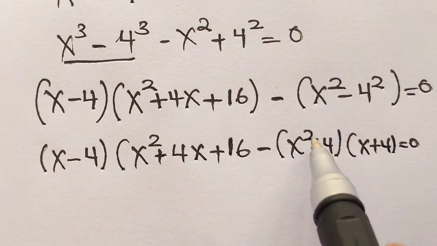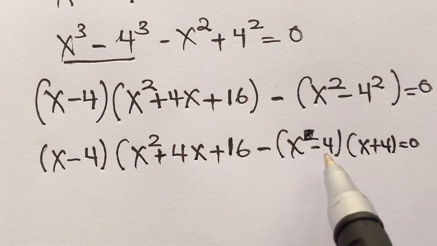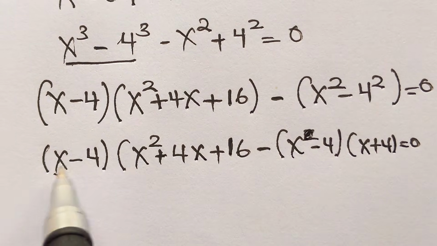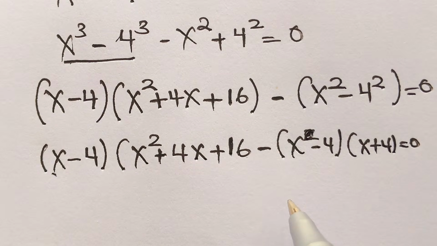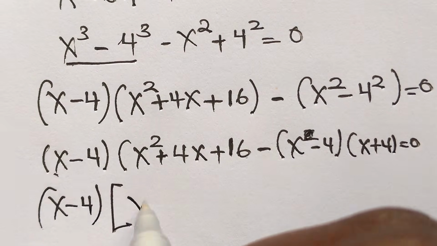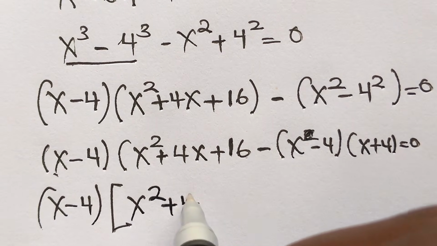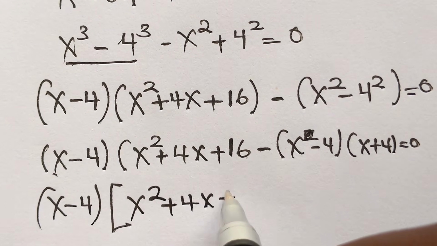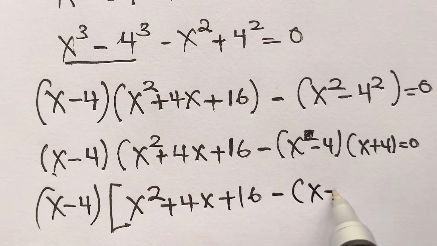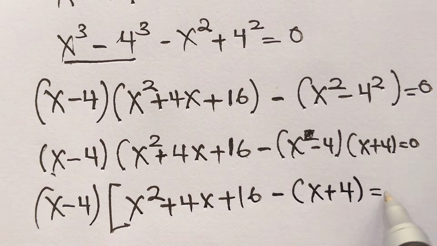At this stage we have x minus 4 which is common. We factorize x minus 4 to get x squared plus 4x plus 16, then minus x plus 4, which is equal to 0.